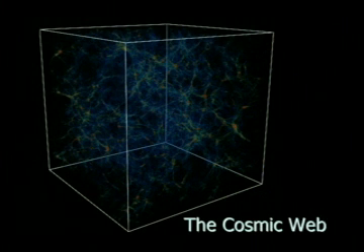So this is a computer simulation of a large piece of the universe with proper cosmological data that starts out with minute density fluctuations and has evolved forward in time to the present day. And what you see is a network of filaments and voids.